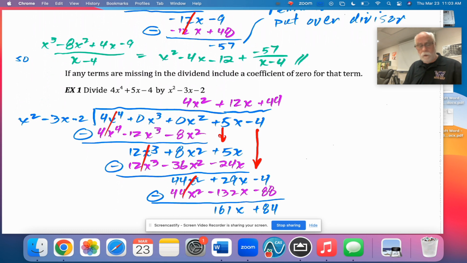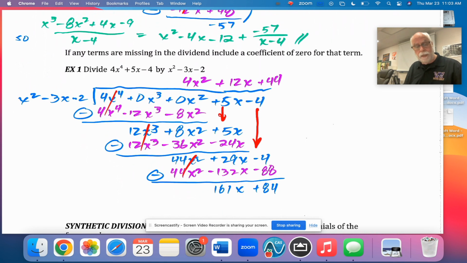Okay, now you can be done, ladies and gentlemen, when you see that the exponent on your remainder, remember that's understood to be to the power of 1, is less than the highest exponent of your divisor. So we're done here, and let me write that down for you.